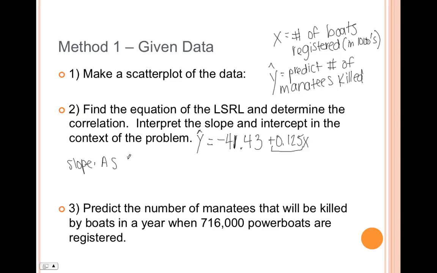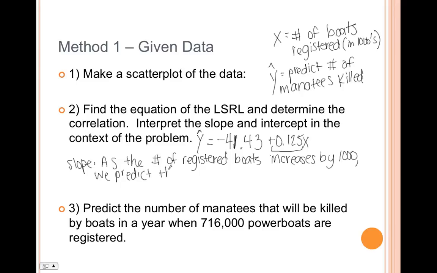So as x, the number of registered boats, increases by not 1, but 1,000, because that's how x was measured, we predict the number of manatees killed to increase by 0.125 on average.